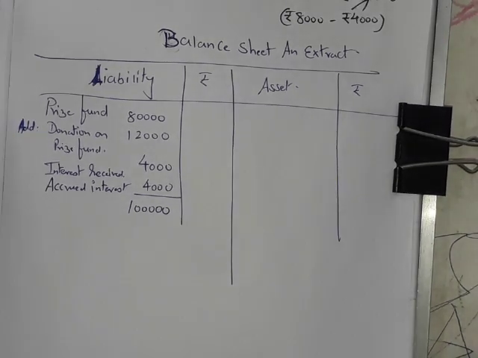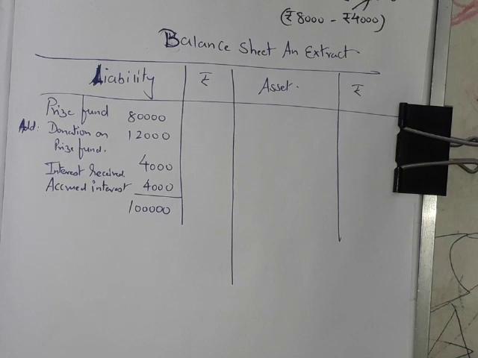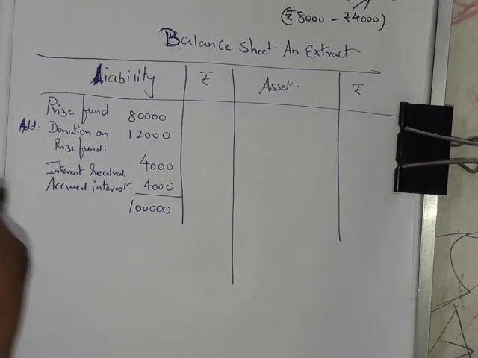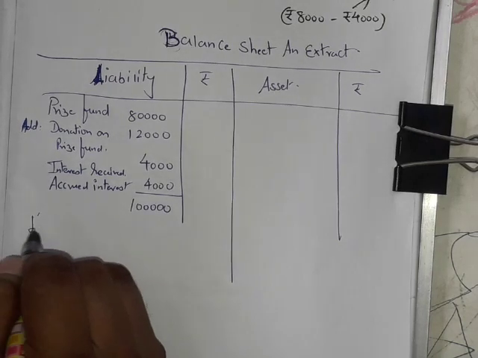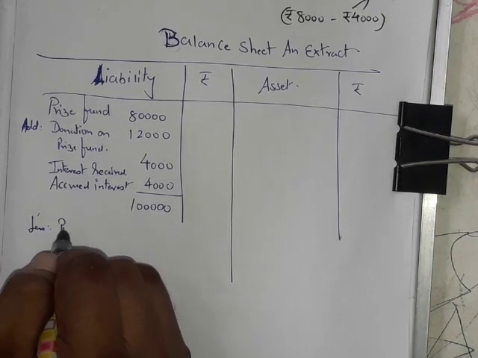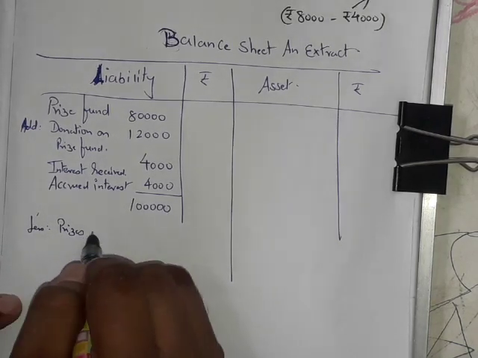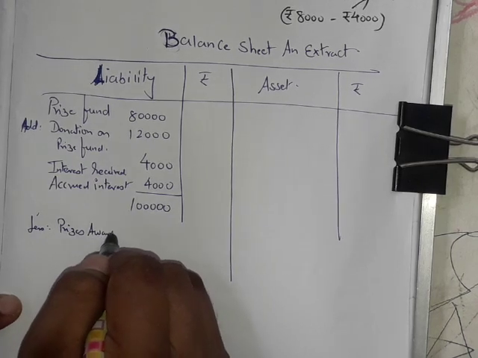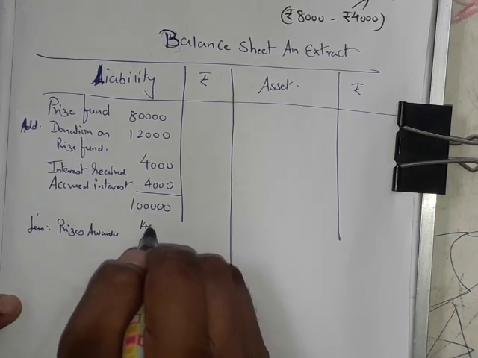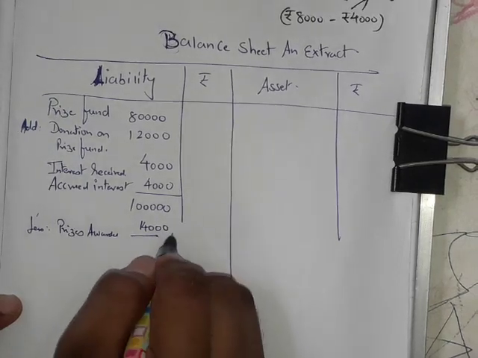Now see what's the amount of the prizes that you have distributed. You have distributed prizes worth rupees 14,000. So less, prizes awarded, 14,000.